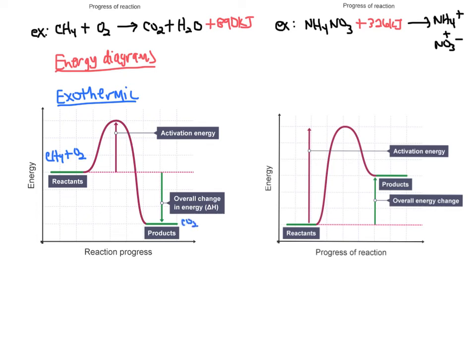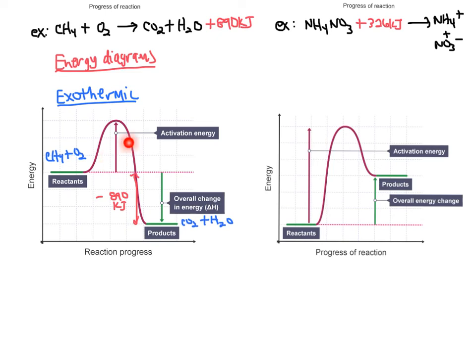So here's your CO2 and your H2O. And the overall enthalpy change right here is your 890 kilojoules that is lost as your reactants become your products. So that's from here to here.